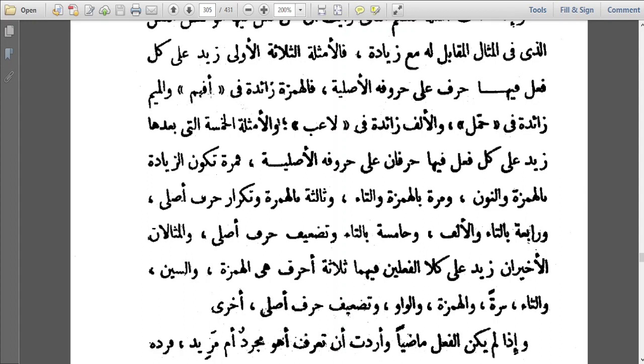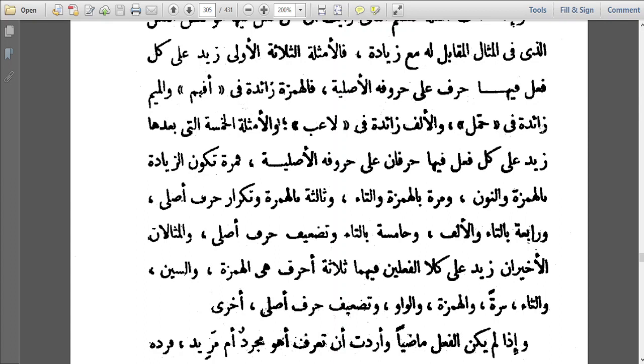So the hamza in أفهم is a حرف زائد. فاء is حرف أصلي, and then هاء is حرف أصلي, ميم is حرف أصلي. So you can take off the حرف زائد and still have the verb. So you can take off the hamza, and then you have your fahima.